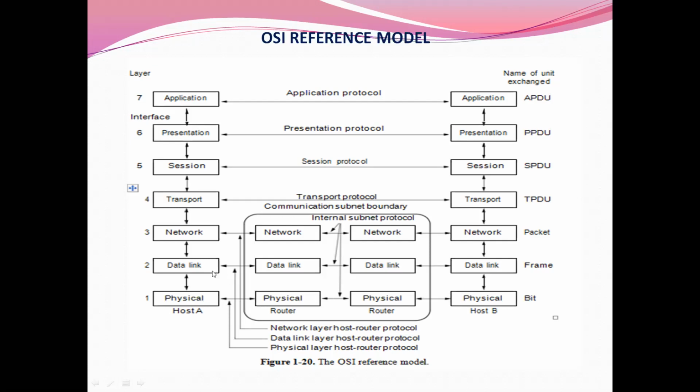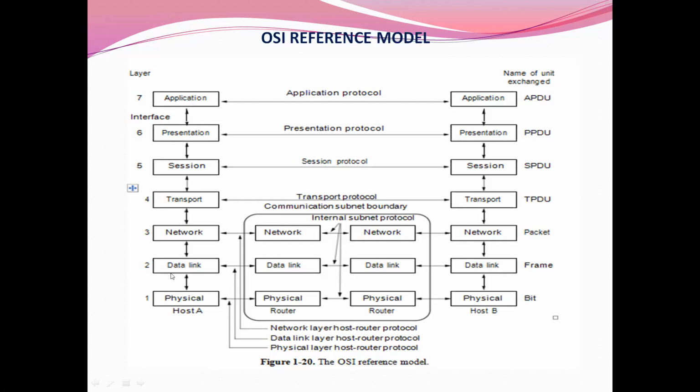Similarly, the communication between the second layer, data link in host A and data link in host B, is known as the data link protocol. Similarly, network protocol, transport protocol, session protocol, presentation protocol, and finally, application protocol. So protocol means virtual communication that takes place between the same layers of different machines. So this is about the OSI reference model.